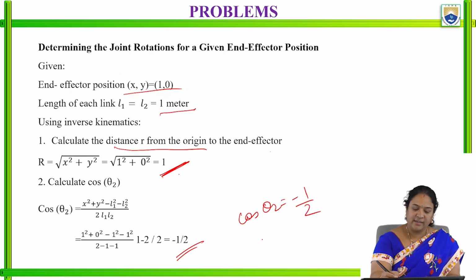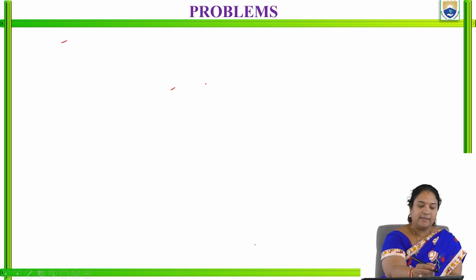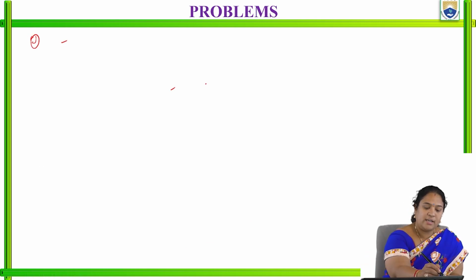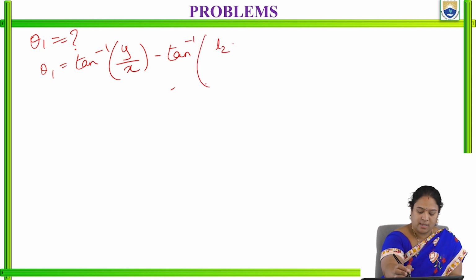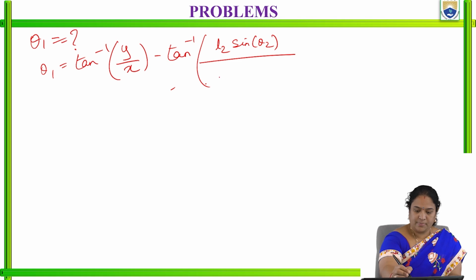Now here, for this particular problem, we have calculated theta 2. Now we need to calculate theta 1, right? Theta 2 is already calculated. So how will we calculate theta 1? Theta 1 is equal to tan inverse y by x minus tan inverse of L2 sin theta 2 by L1 plus L2 cos theta 2.